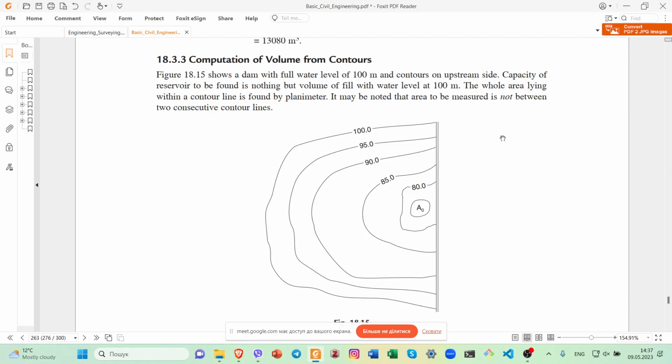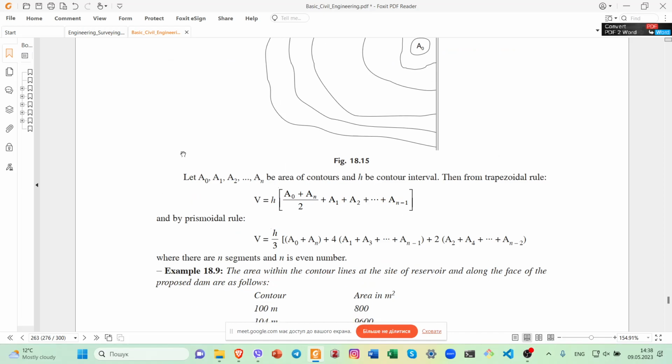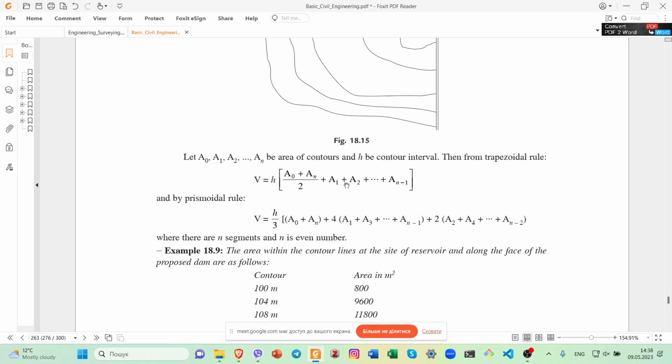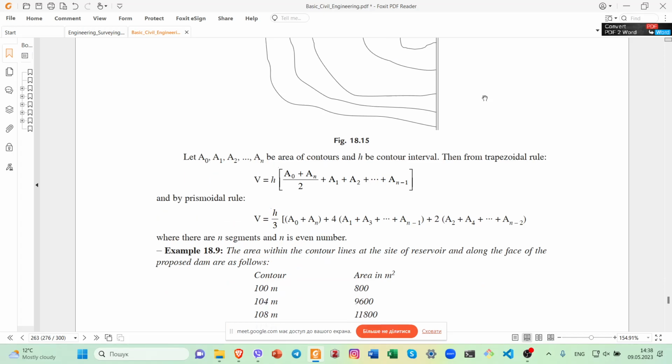The whole area inside a contour line is found by planimeter. It may be noted that the area to be measured is not between two consecutive contour lines. And here you can see an explanation of this example.